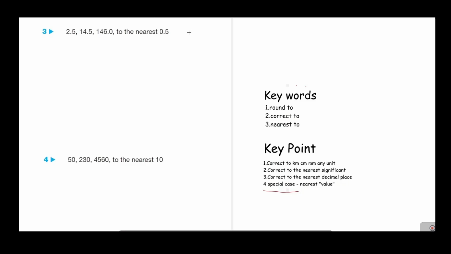So let's create the key point. 0.5 divided by 2, because we don't have any significant figure or decimal place or whole number here. We take the value as it is. Once we divide it by 2, we get 0.25. Now this is our key point.